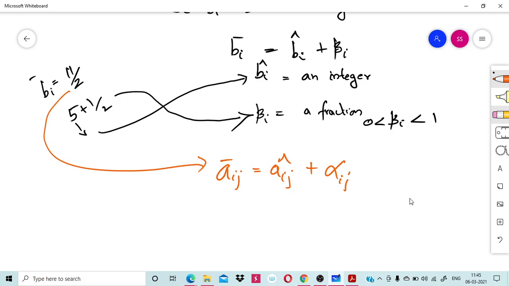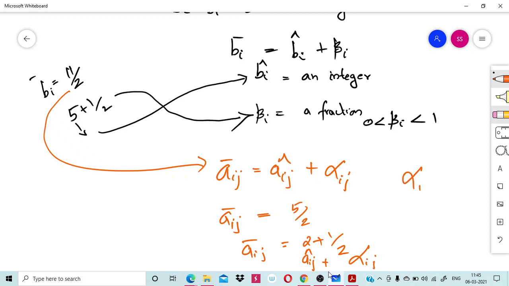Suppose we have some 5 by 2, then you can write this aij bar as 2 plus 1 by 2. That means this 2 is aij cap, and this 1 by 2 will be alpha ij.